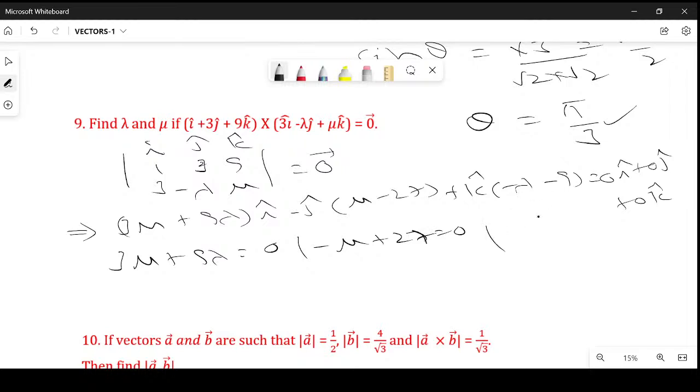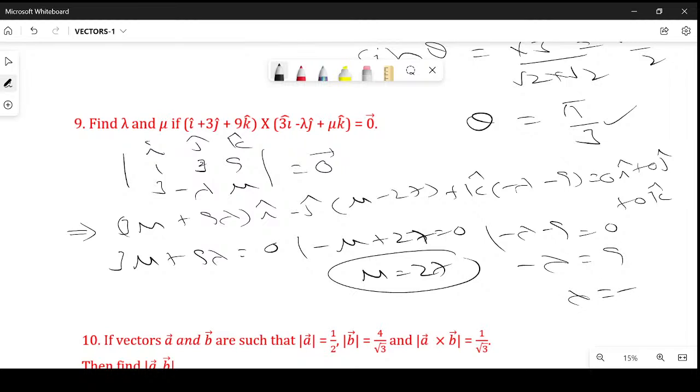And third, the k cap: minus lambda minus 9 equal to 0. So here you will get mu equal to 27, and minus lambda equal to 9, so lambda equal to minus 9. So lambda equal to minus 9, mu equal to 27.